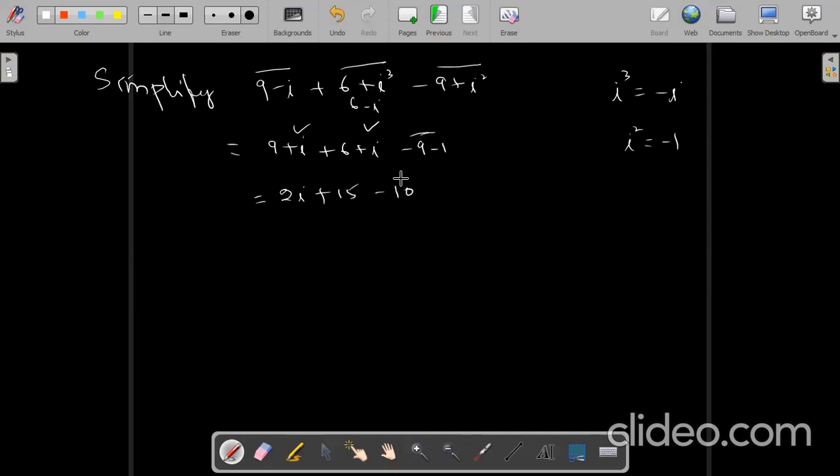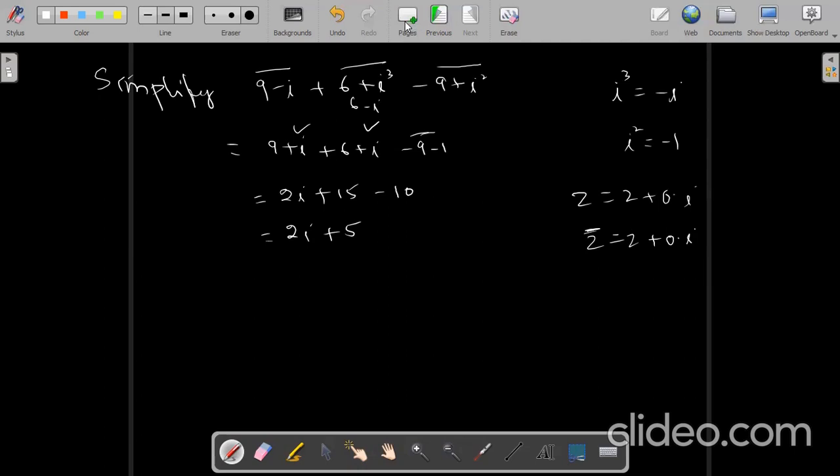And the conjugate of only a real part is the number itself. Suppose you are given a complex number 2, then its conjugate will be 2, because here the imaginary part is 0, and 0 cannot be changed with the sign. So that's why its conjugate will be the same. So 15 minus 10, we get plus 5. So the answer is 2 iota plus 5.